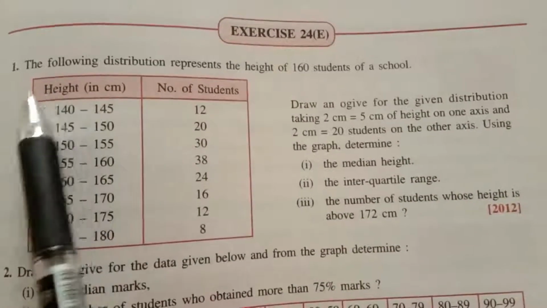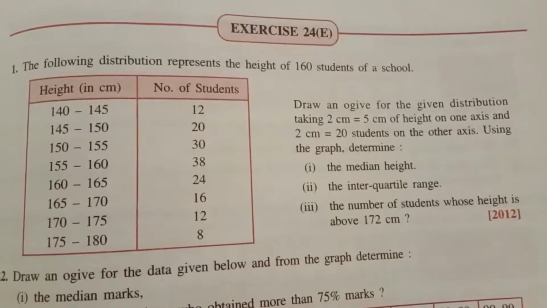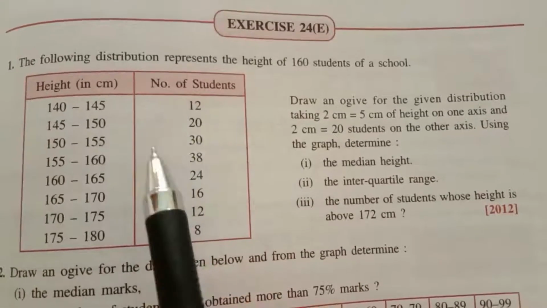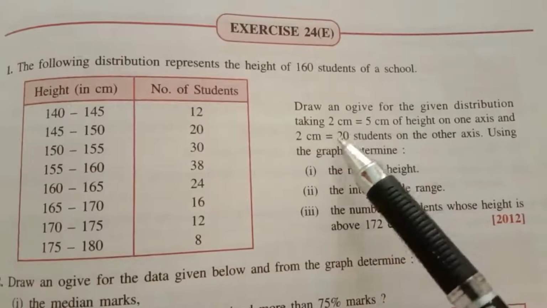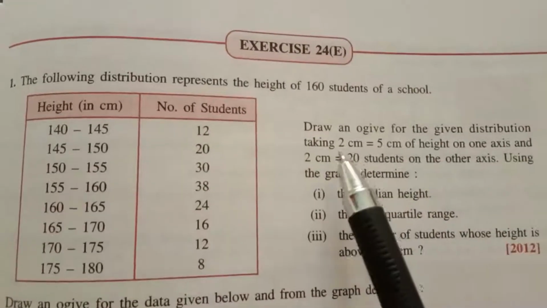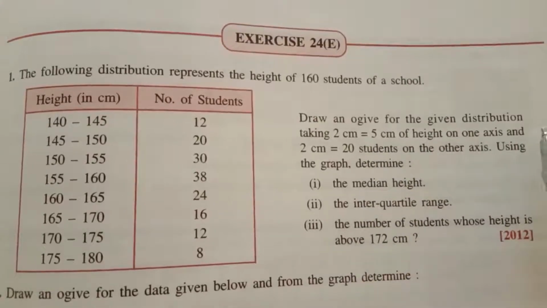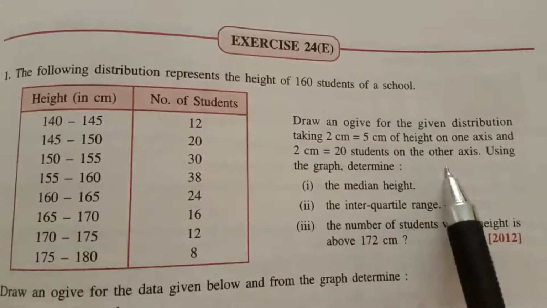The height, the first column, we always represent on the x-axis, and the number of students on the y-axis. Your instruction is given, and we have to follow it: 2 cm equal to 5 cm of height on the x-axis, and 2 cm equal to 20 students on the y-axis.